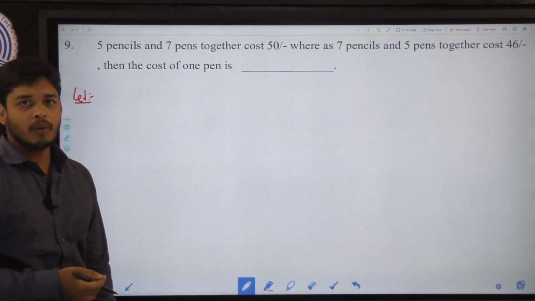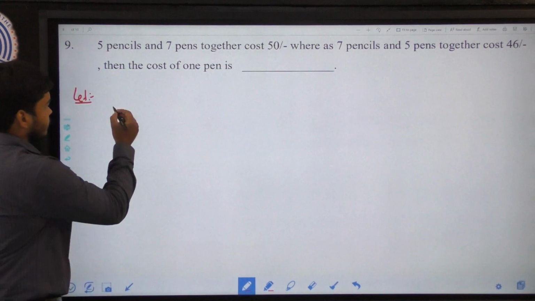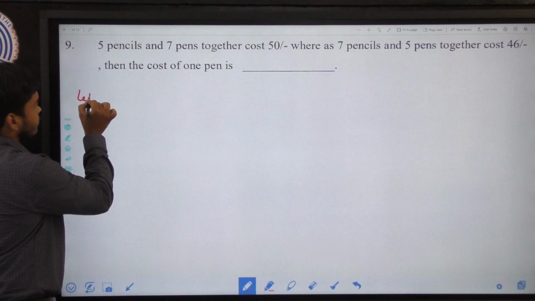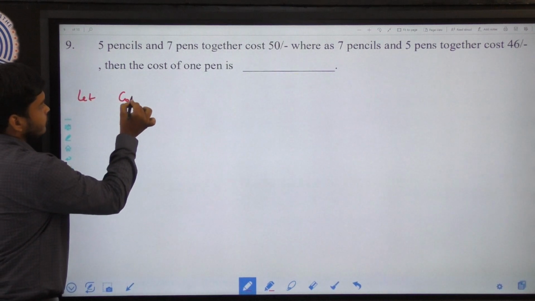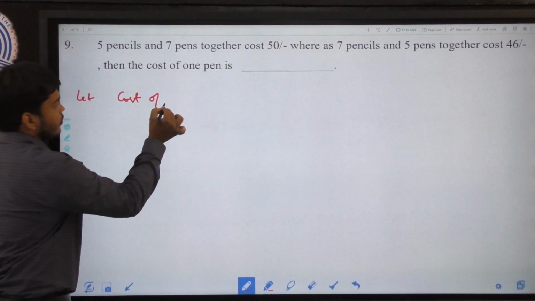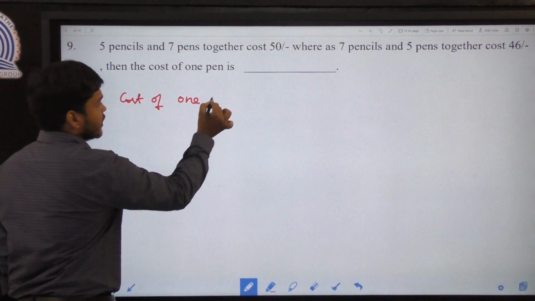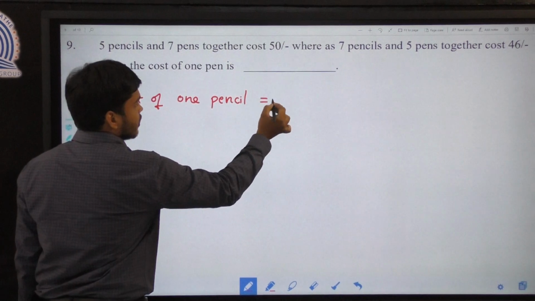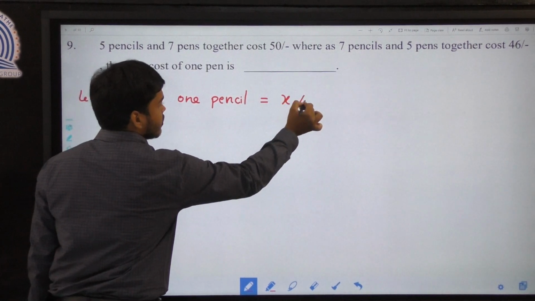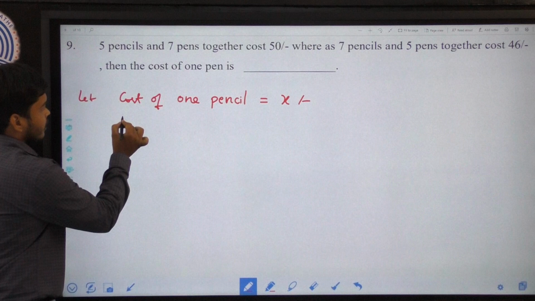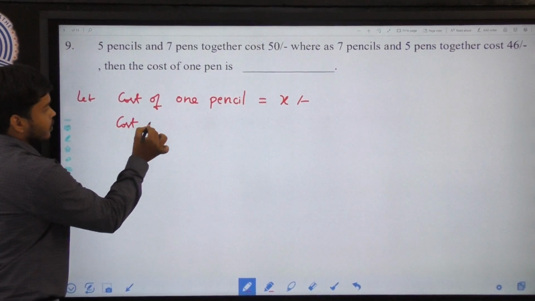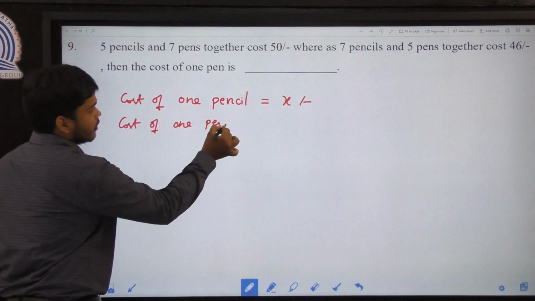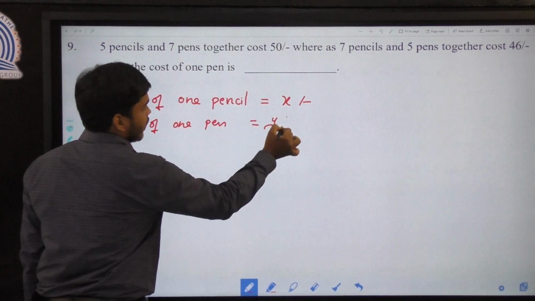Let the cost of 1 pencil be x rupees, and the cost of 1 pen be y rupees.